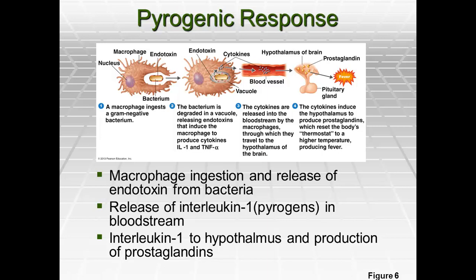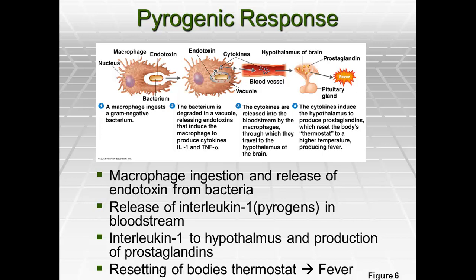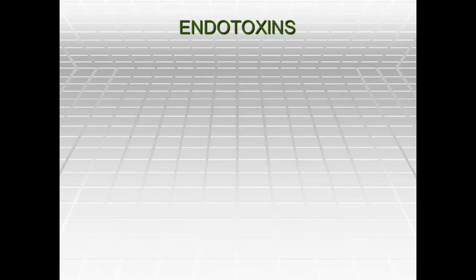Once it gets to the hypothalamus, that's going to cause the hypothalamus to release prostaglandins. And what the prostaglandins are going to do is reset the body's thermostat. And when you reset the body's thermostat, guess what you form? A fever.